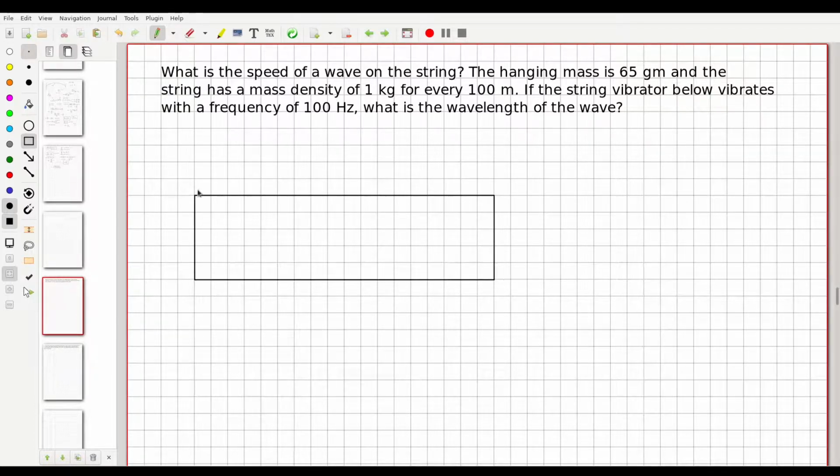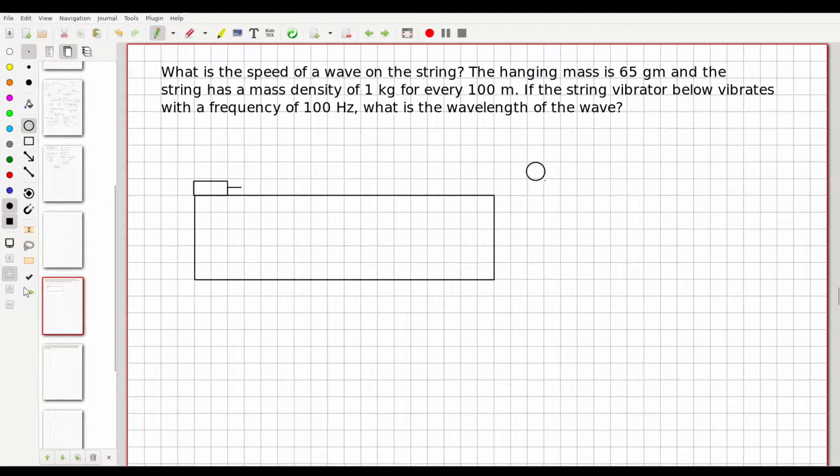We have a table. This is actually going to be a lab that we do. There are these little things called string vibrators that basically are boxes that have a motor in it, and that motor has this lip. It's like a tongue that has a hole through it, and you attach a string to it.